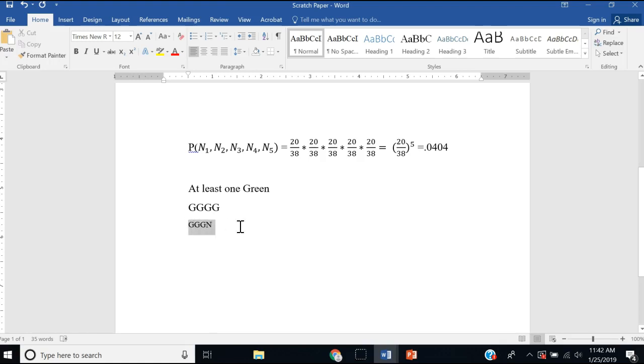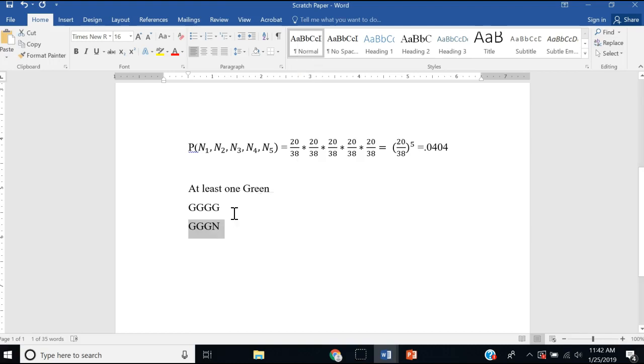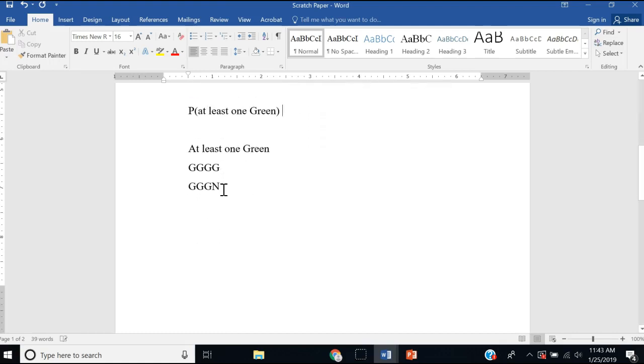Let me make these the same size. Now, I know I'm switching my notation a little bit. N was standing for non-red up here. This new problem, we're trying to find the probability of at least 1 green. All right, so new problem, N is going to stand for non-green instead of green.